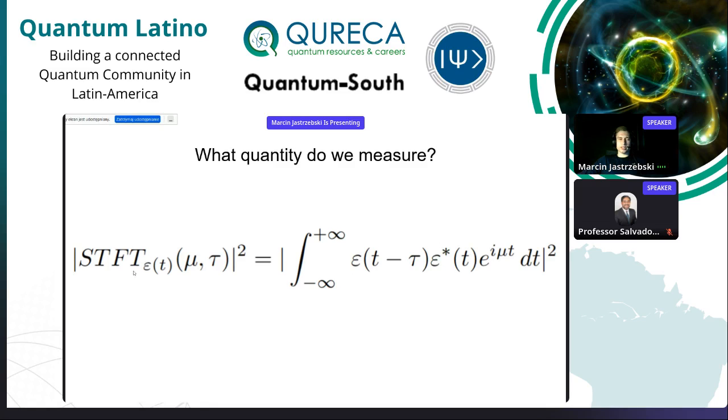We calculate this short time Fourier transform with respect to tau and mu. Then we make a two-dimensional map of this quantity with respect to those mu and tau to get some pictures.